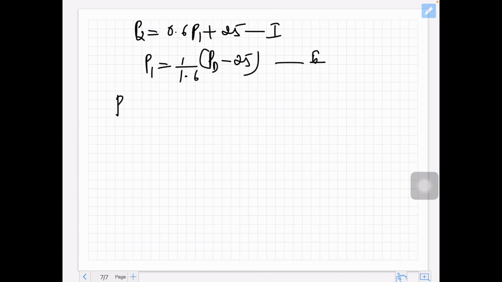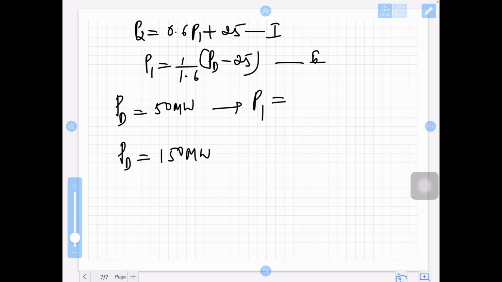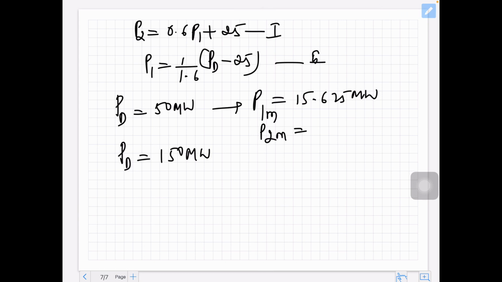Here the demand is 50 megawatts, and here the demand is 150 megawatts. When the load is 50 megawatts, you get P1 small m and P2 small m. You can cross verify: 34.375 megawatt.